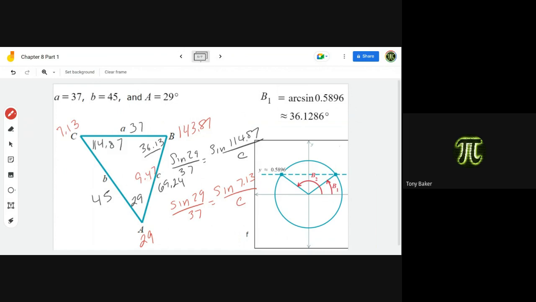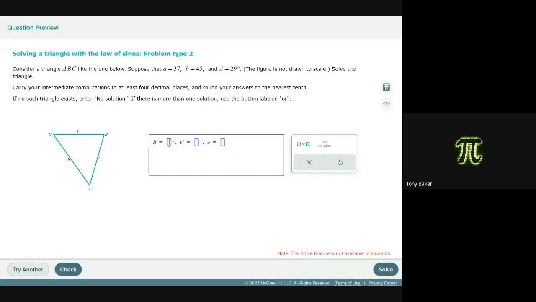So here's, I'll show you. This is how the question shows up in Atlas. They're not going to tell you necessarily it's going to have both. And I'll tell you right now, in the test, it's not going to tell you you're going to have both. It's just going to give you a triangle.